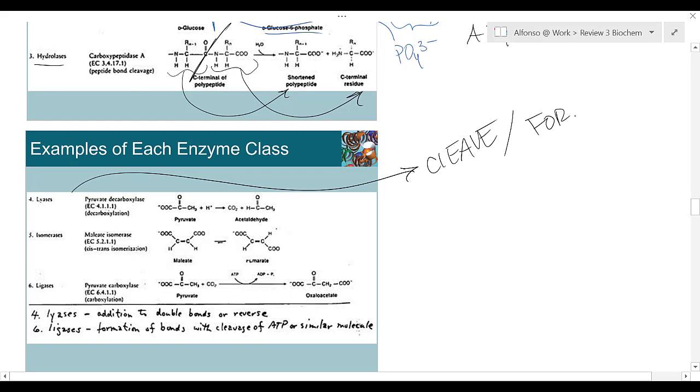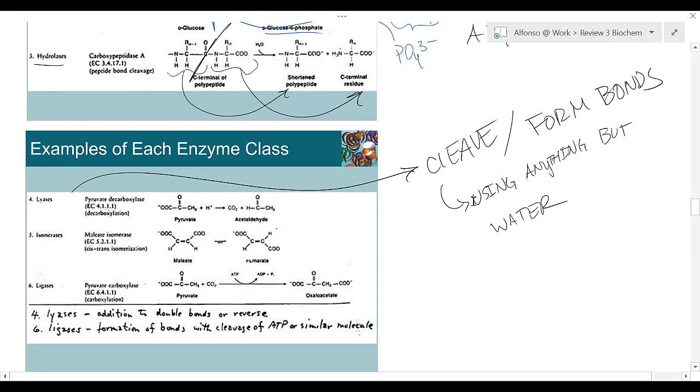They cleave using anything but water. It's like they're allergic to it. Okay, so that's lyases. They cleave or they form bonds, and they do this using anything but water.